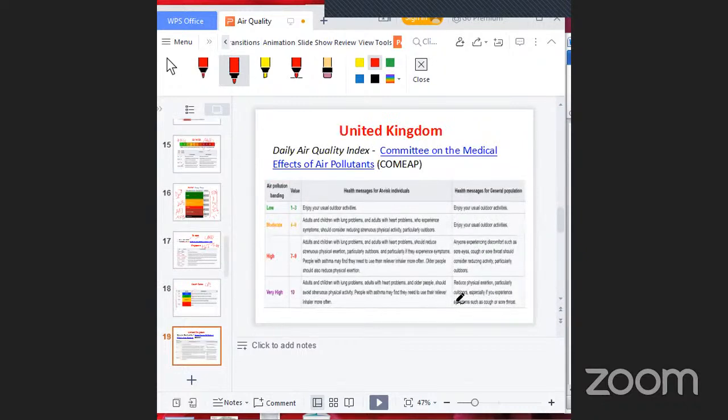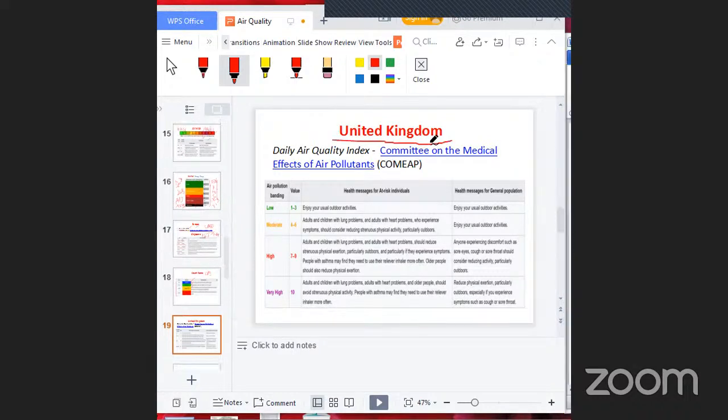The next, the United Kingdom, that means UK. The most commonly used air quality index in the UK is the Daily Air Quality Index. It is recommended by the Committee on the Medical Effects of Air Pollutants, COMEAP.